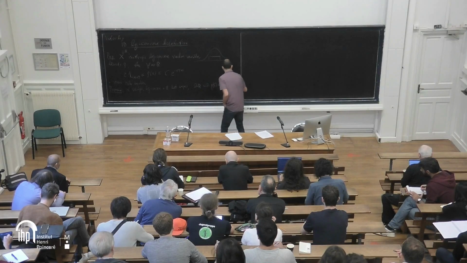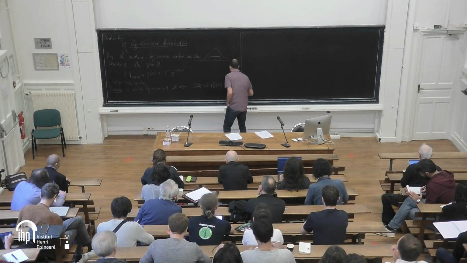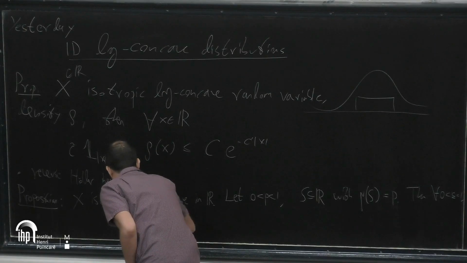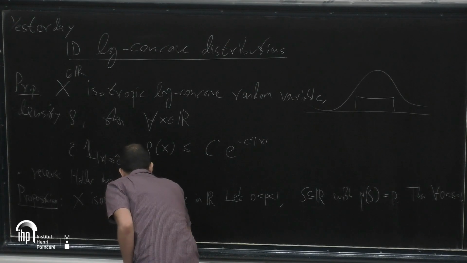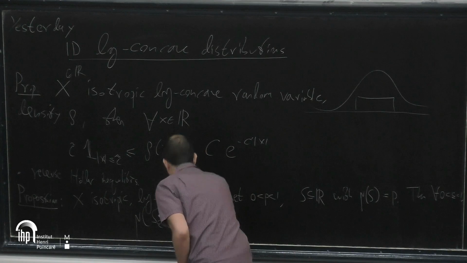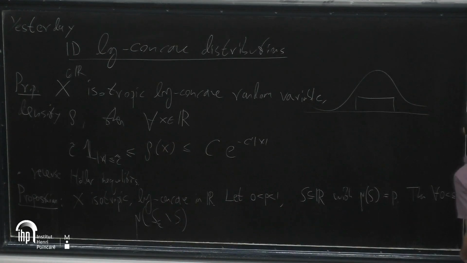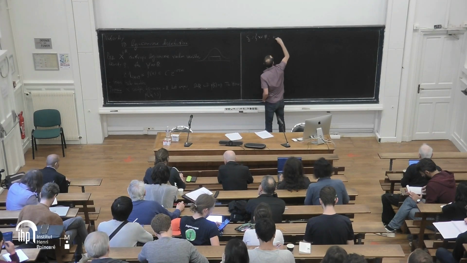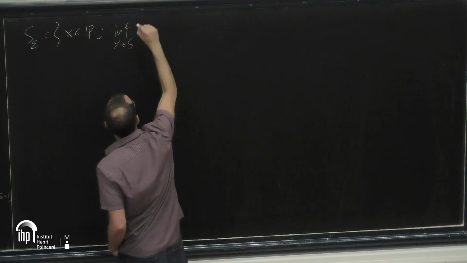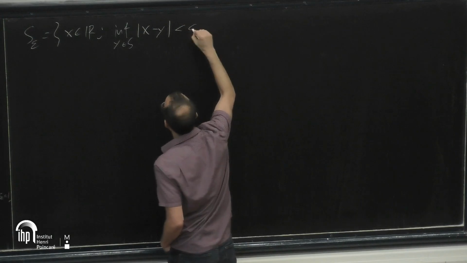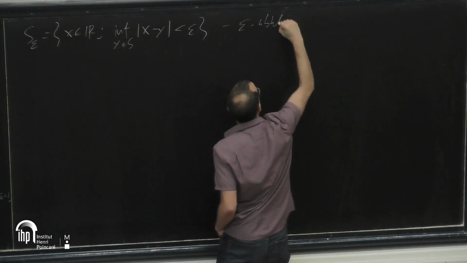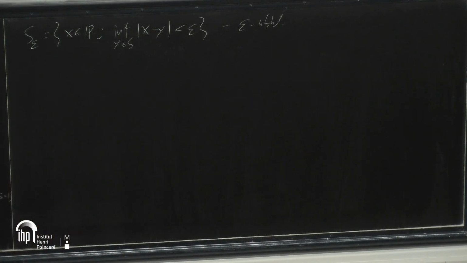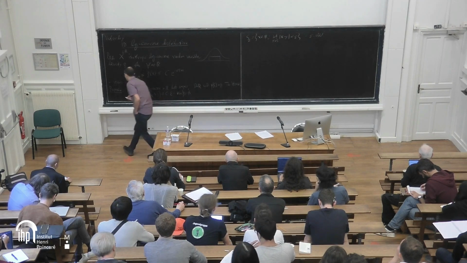So for any epsilon between 0 and 1, the claim is that if I look at the measure of the epsilon neighborhood of S, where S epsilon, as yesterday, is the set of all points in R where the distance of the point from S is at most epsilon, so this is the epsilon neighborhood, the claim is that the measure of the epsilon neighborhood minus the measure of S is at least c times epsilon times the minimum of p and 1 minus p, where c is a universal constant.